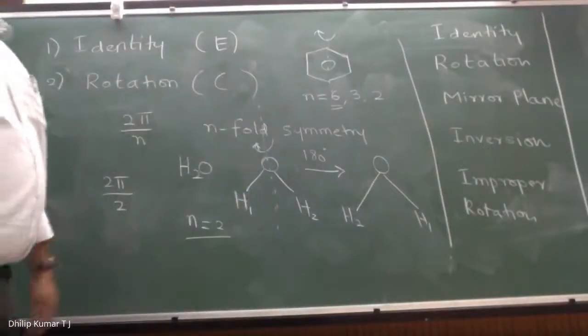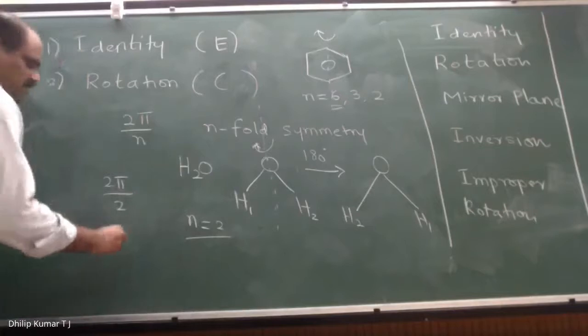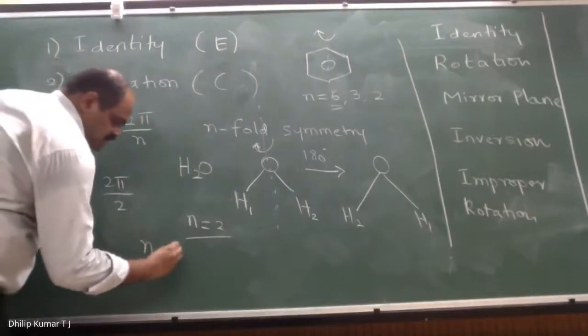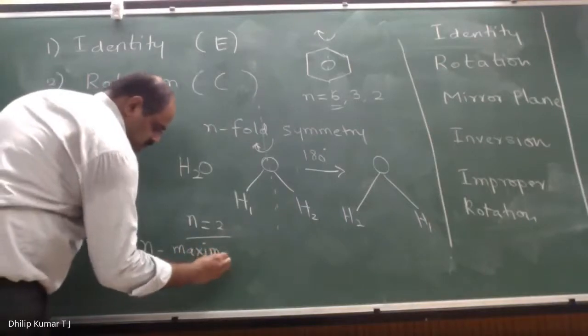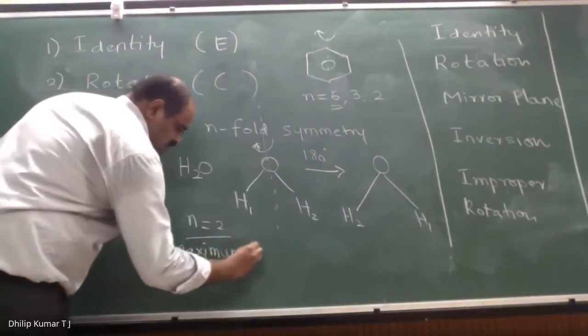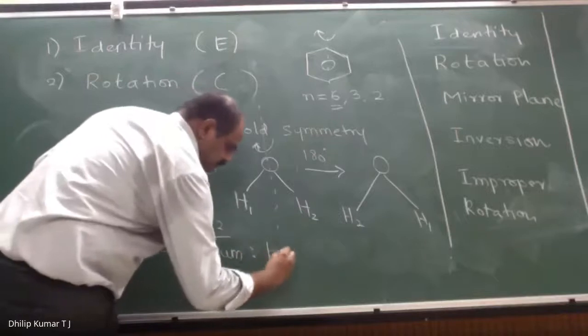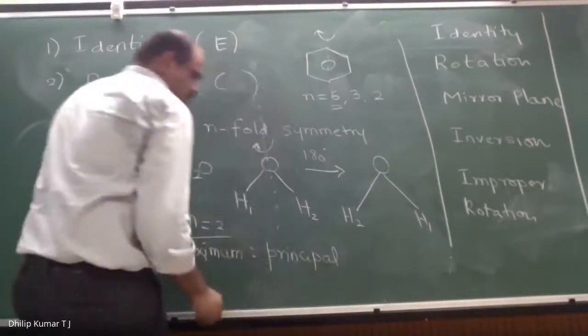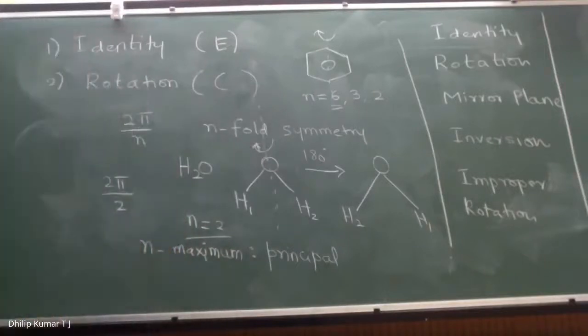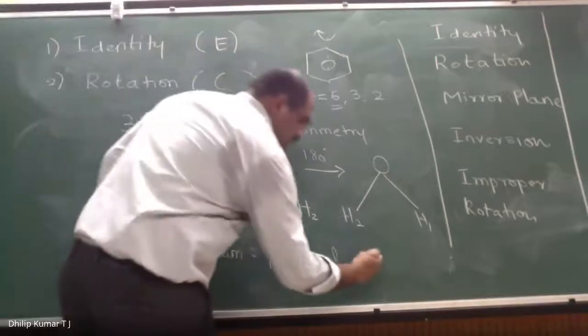So the maximum n is called the principal axis, and n is maximum. It's called the principal axis of symmetry.